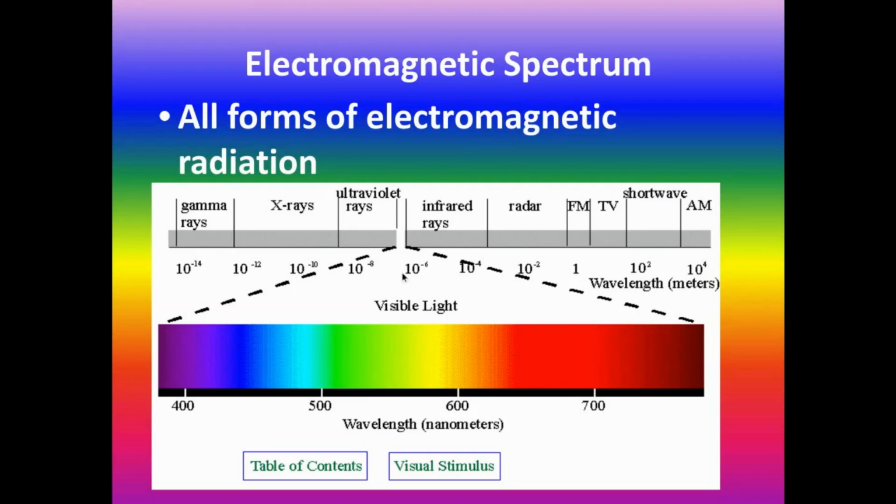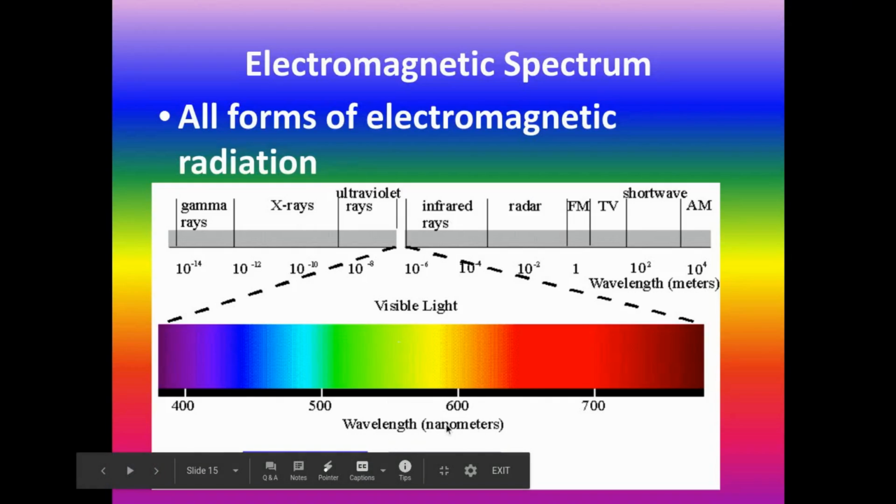Here, you can see the wavelength. So something like AM would be 10 to the 4th meters, whereas FM would be 1 meter long for a wavelength. All the way down to gamma rays are going to be 10 to the negative 14th meters in the length of the wave. So when we're looking at the spectrum that we can see, the visible spectrum, the colors of light, we're looking at wavelengths in terms of nanometers.